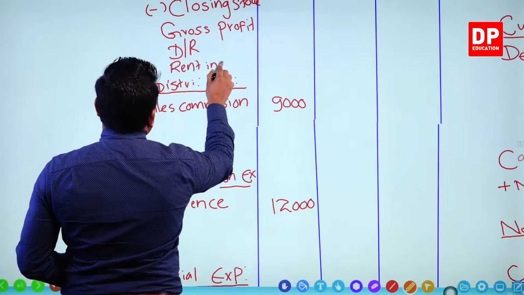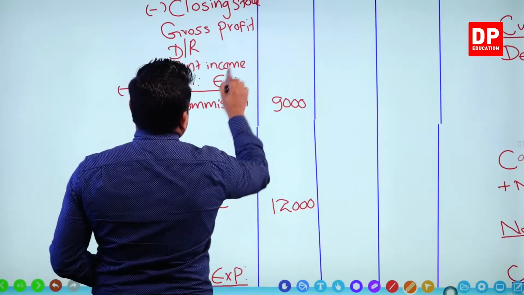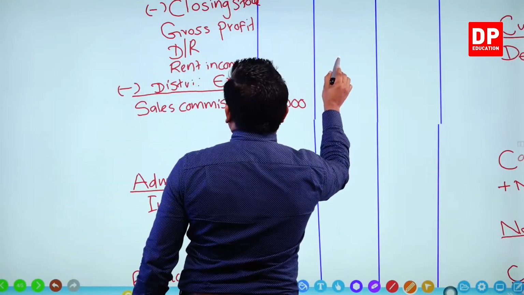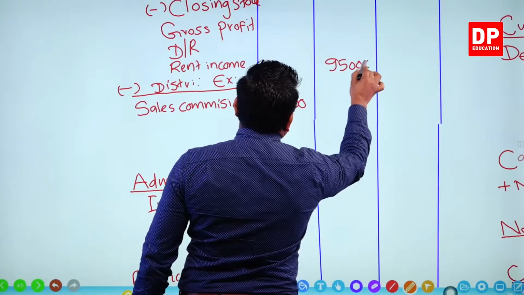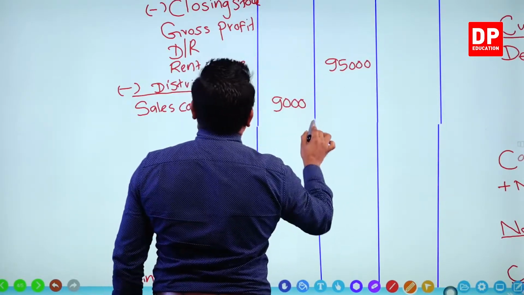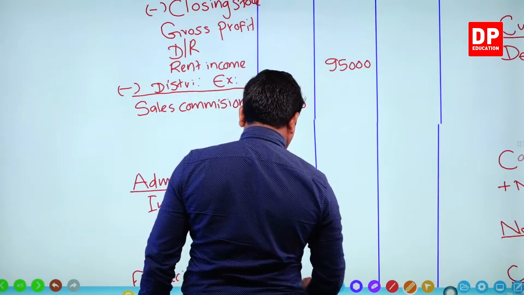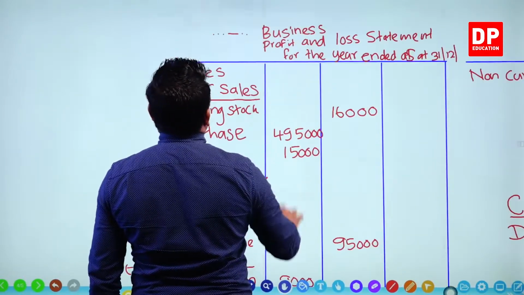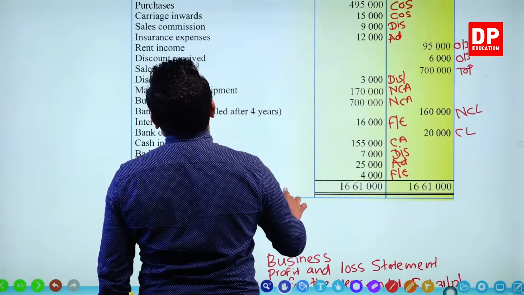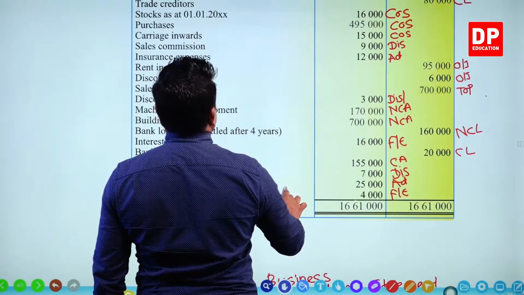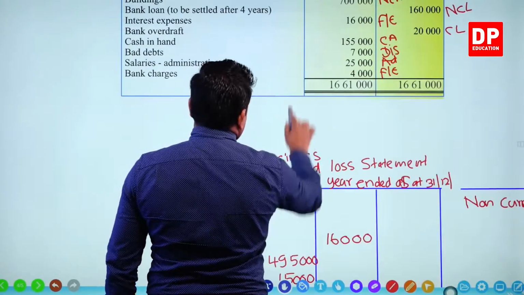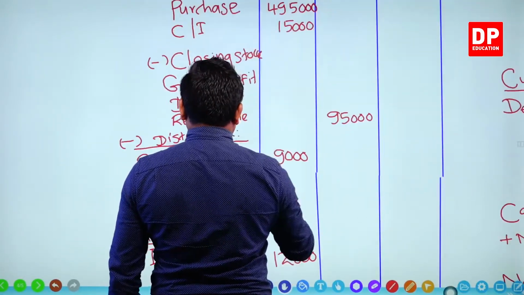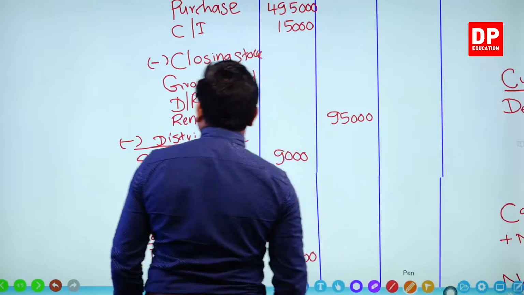Do you remember? I forgot it before, no? What is the type of the income? Discount received is given, no? Is it 6,000 or 9,000? Check it again. Discount received is 6,000.